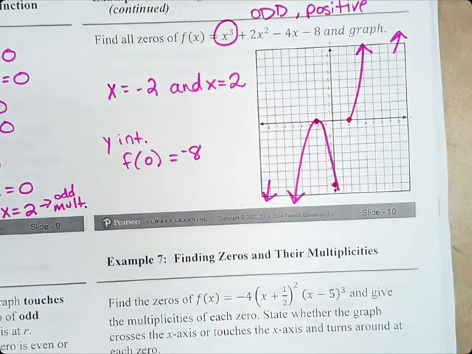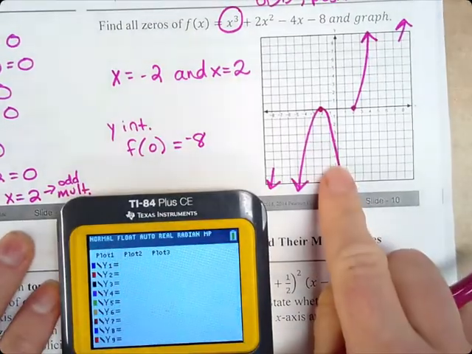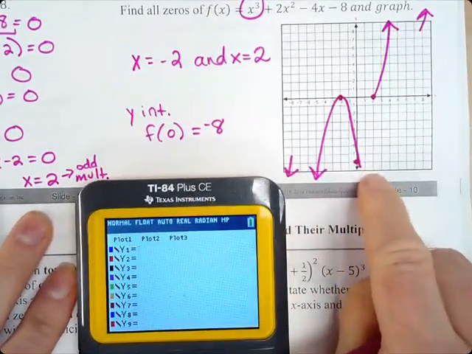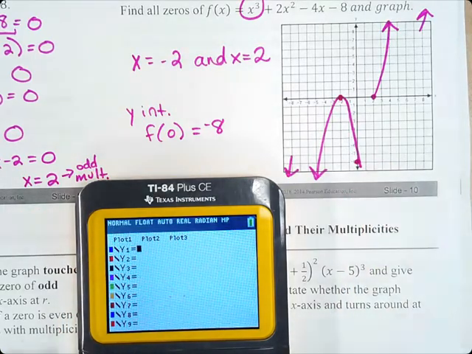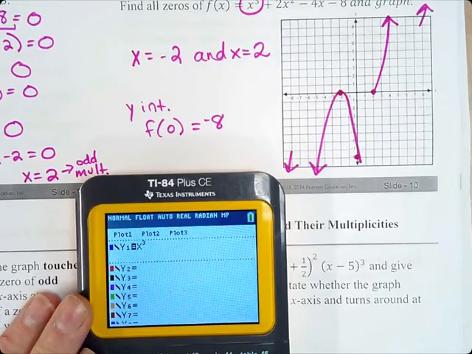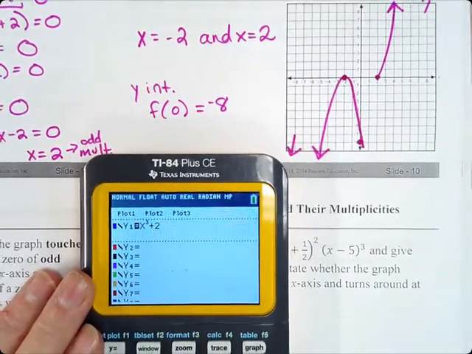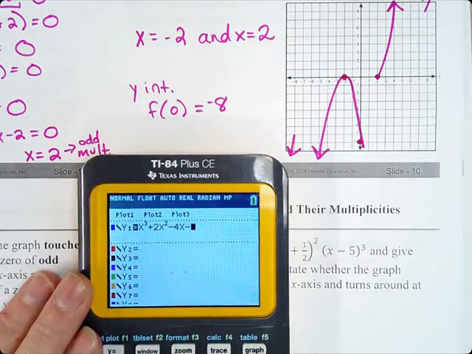What I ended up doing was putting in a y equals to look at my point, that would be considered a vertex because it is turning direction. So we would put in x to the third power plus 2x squared minus 4x minus 8.